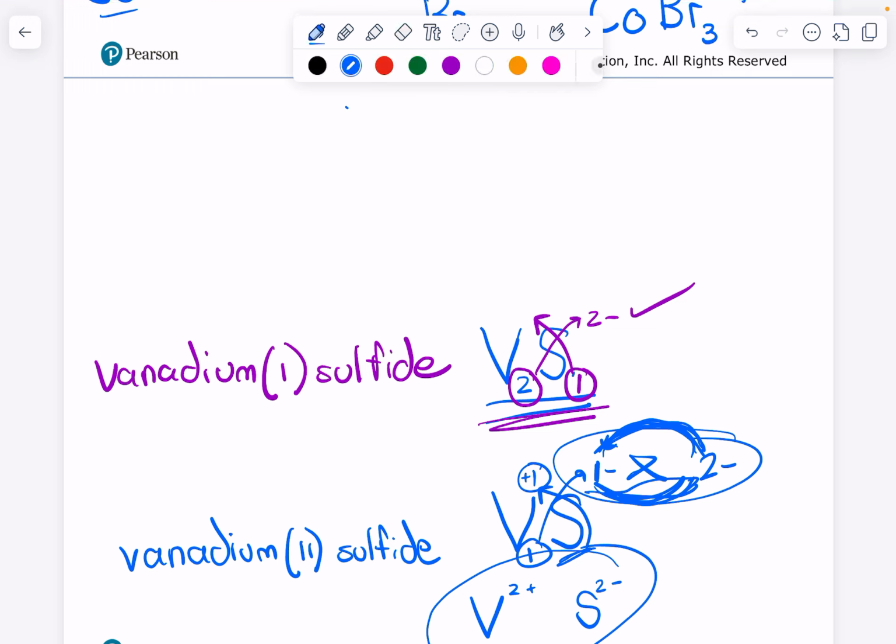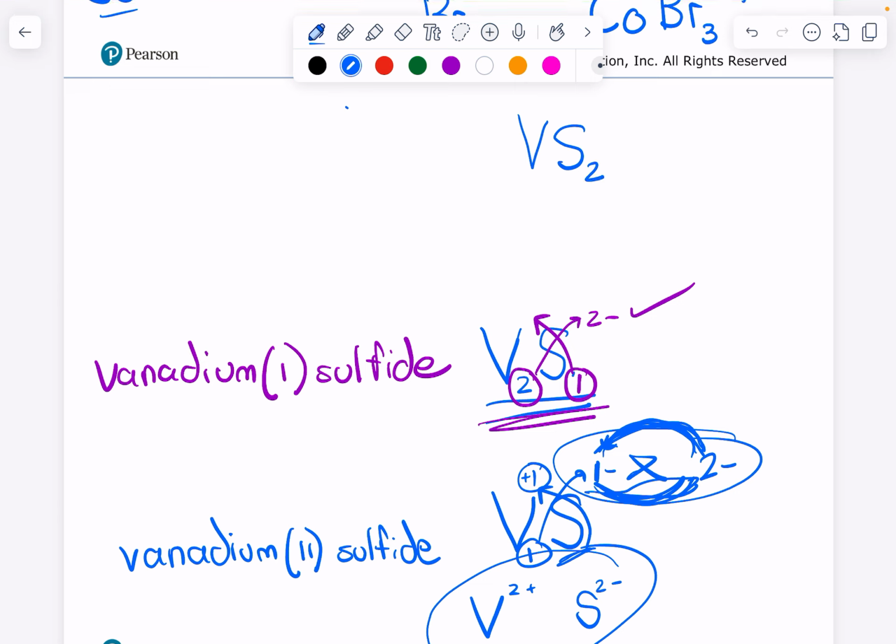Okay, so one more example of this would be if I had, let's see, VS2.